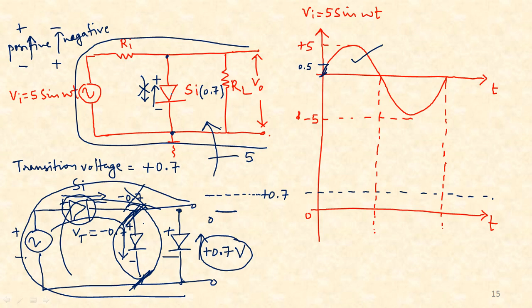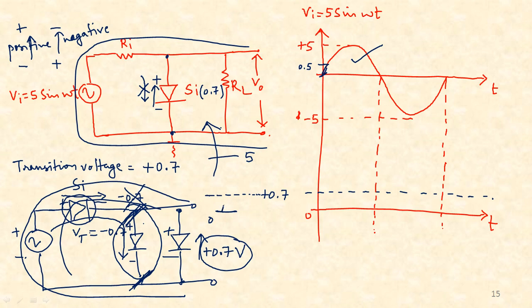See, my input is 0.5 volts and in order to get on, the minimum voltage that the diode needs is 0.7. However, my input is just 0.5 volts, so the diode will still be off. Am I correct, students? Yes, sir.